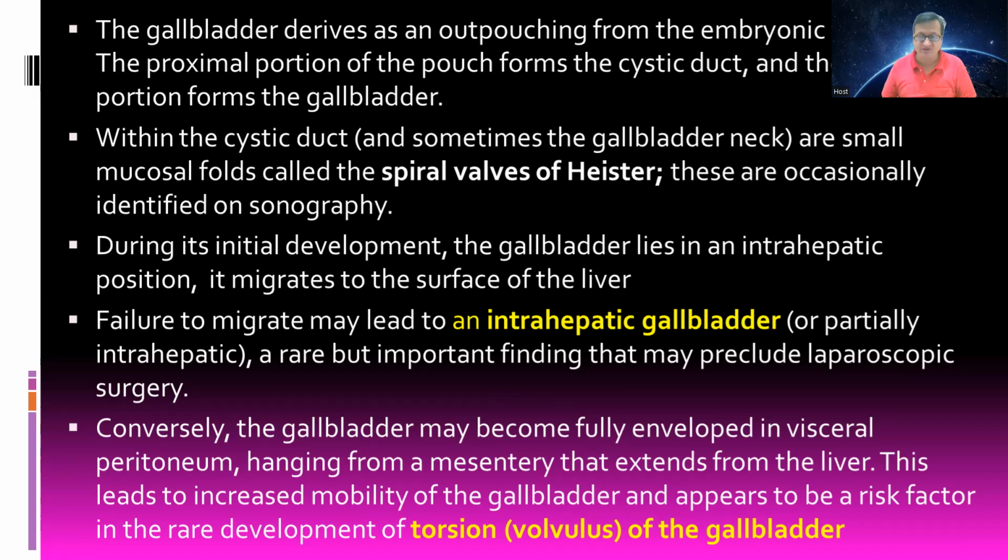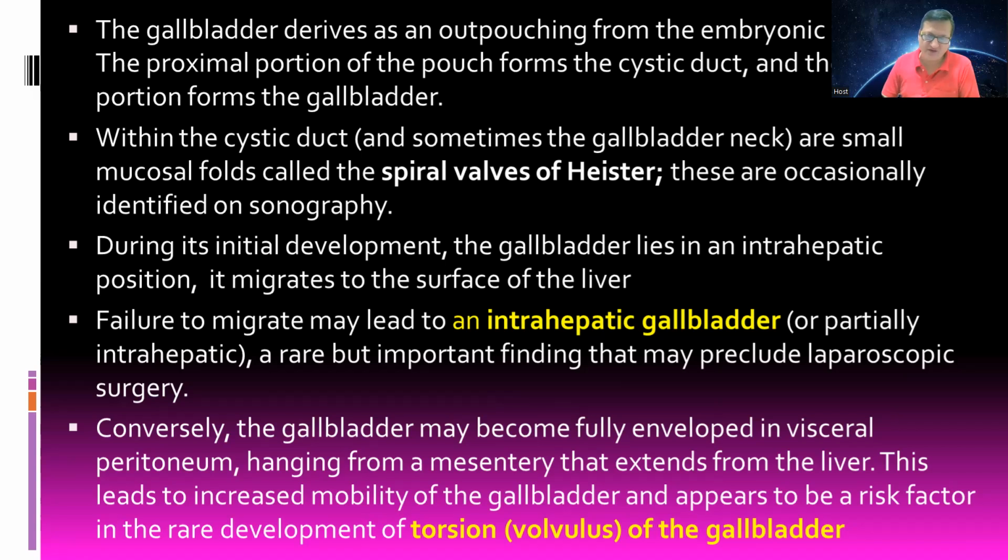This is an important finding to recognize because it precludes laparoscopic surgery. That means we cannot do laparoscopic surgery on the gallbladder if it is intrahepatic, because for that we have to cut the liver. So that's why this is not a condition where laparoscopic surgery can be performed.